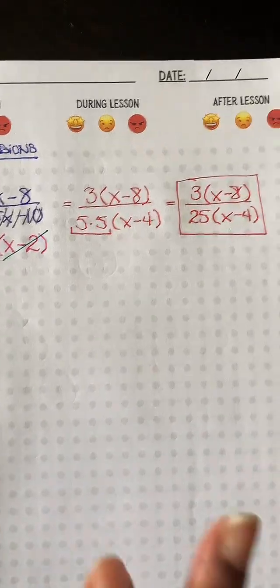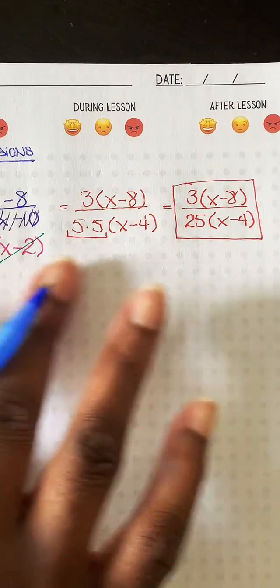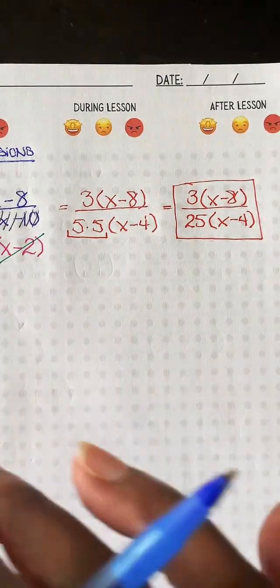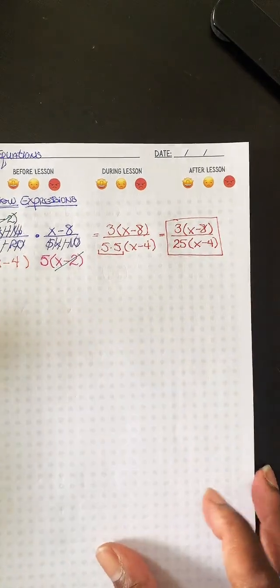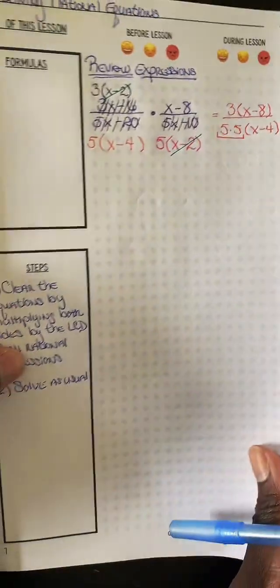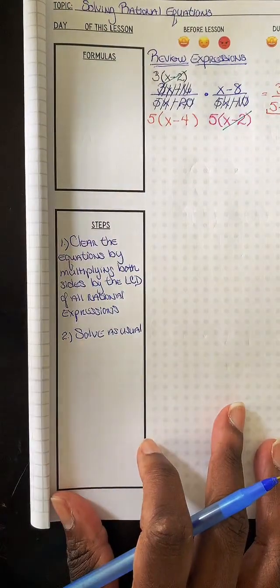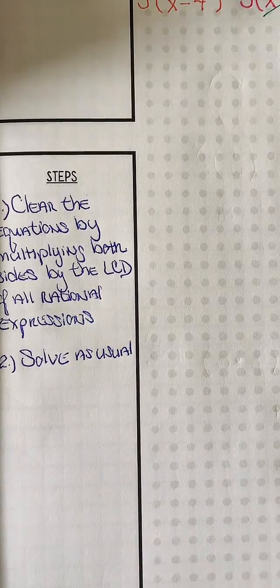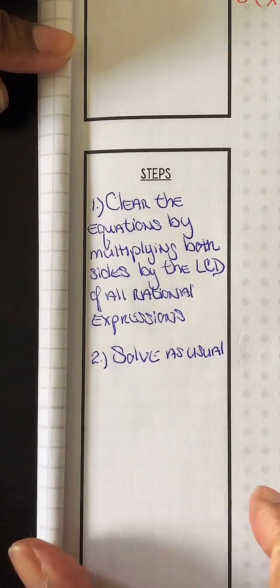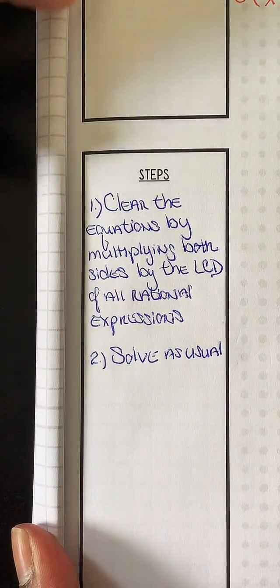All right, so this is how we simplify rational expressions. Now, we're going to take a look at solving rational equations. So, as we do that, let me shift. This is what's going to happen.